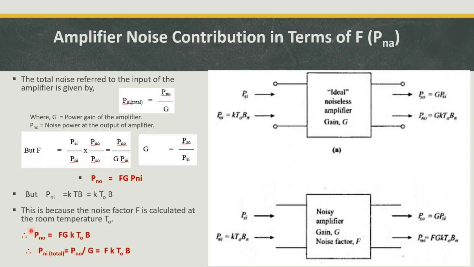Now substituting this final output noise equation in the first equation, PNI total is equal to PN0 divided by G. The final equation is F KT0B. This is the total noise.